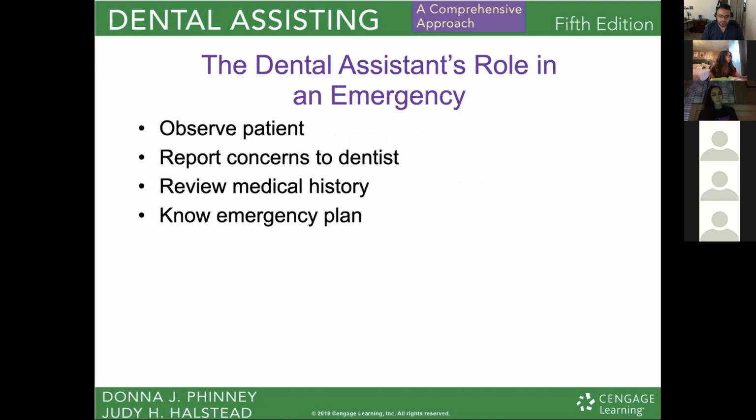The dental assistant should observe patients for any abnormalities, discomforts or concerns. You want to report any issues or concerns to the dentist, and you want to review the patient's medical history and know what the emergency plan is, how to implement it, and what his or her role in the implementation of the plan is.